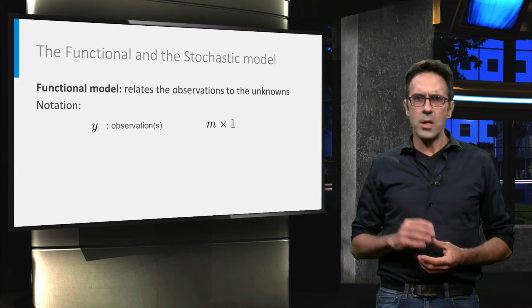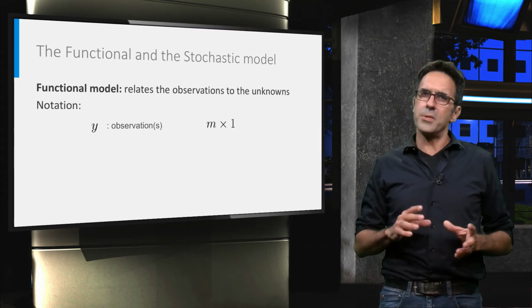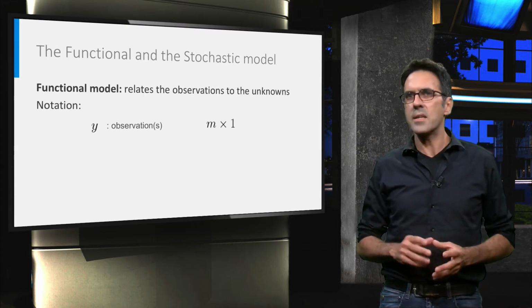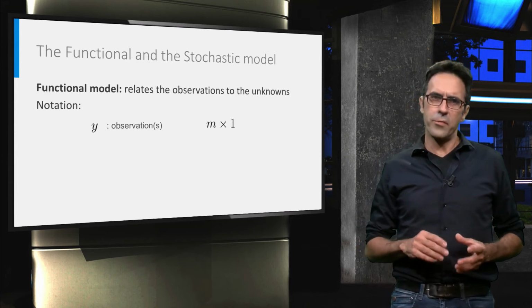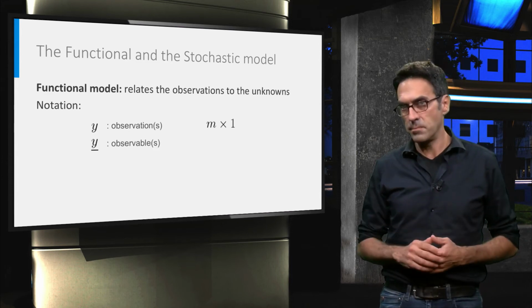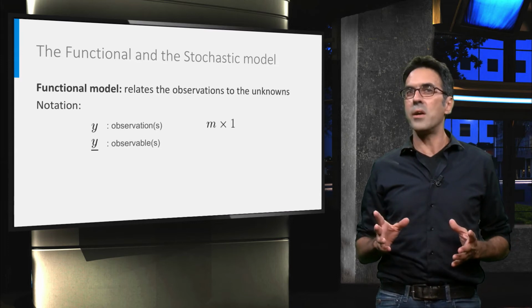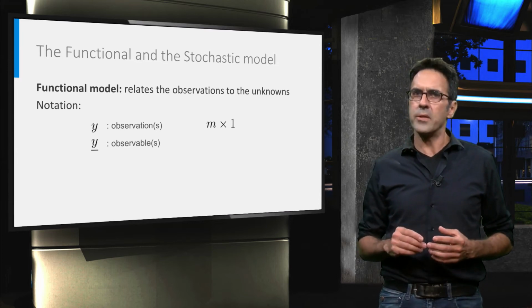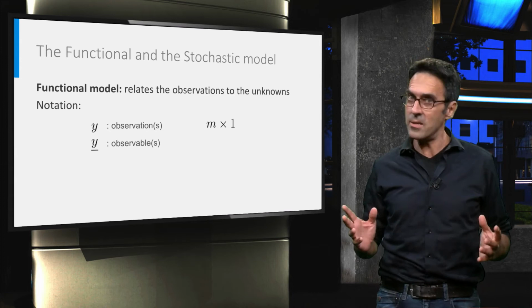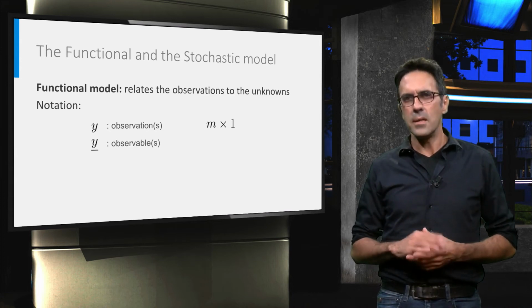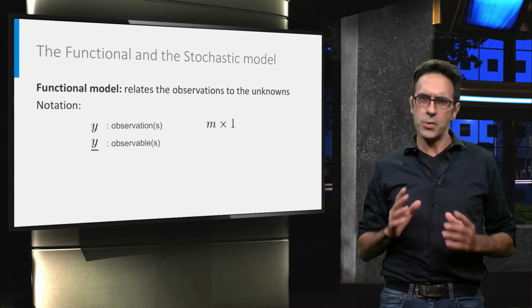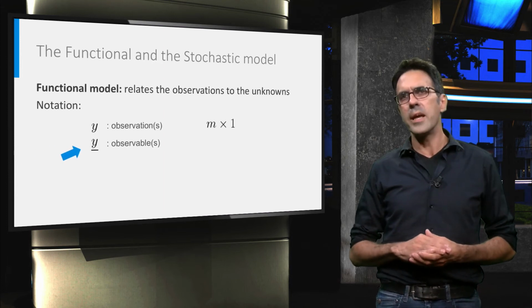However, we can also consider observations in the case the measurements have not been taken yet. In that case, we generally refer to them as observables. Since they have not been acquired yet, their values should be interpreted as stochastic or random variables. In our notation, we indicate this stochasticity by underlining the letter.